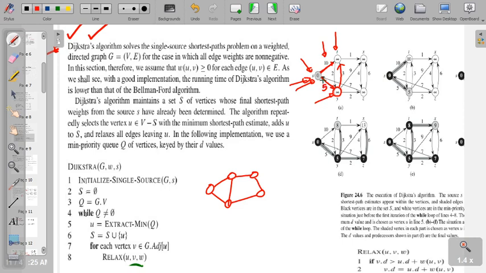But if I take this via path, then I am having 5 plus 3. 5 cost here and 3 cost here. So with 8, I can reach from here to here via this.